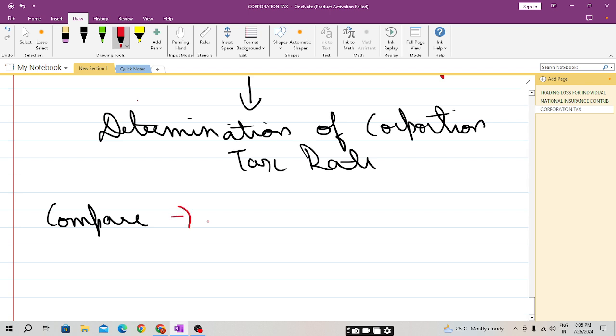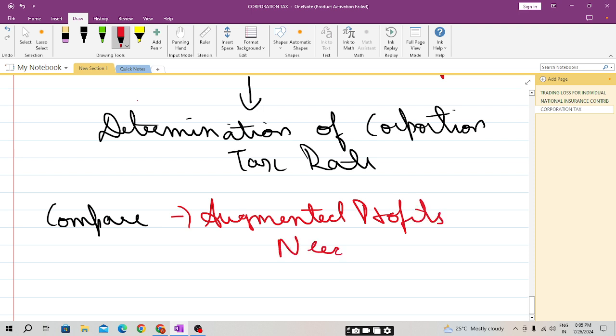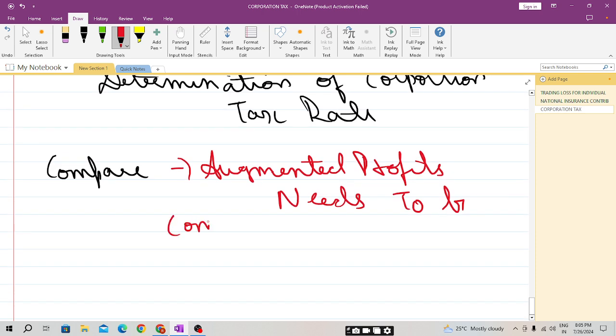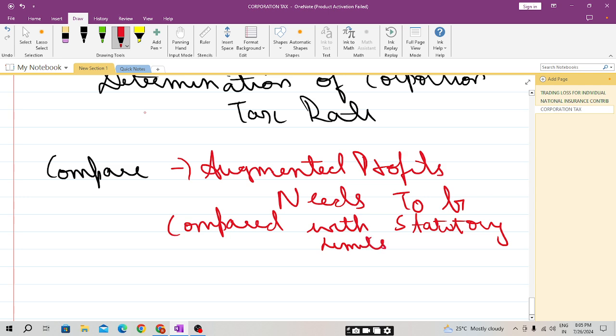The first one is augmented profits. The augmented profits need to be compared with the statutory limits.